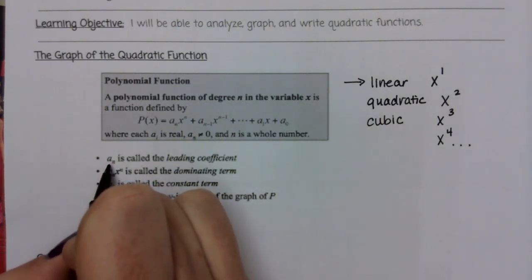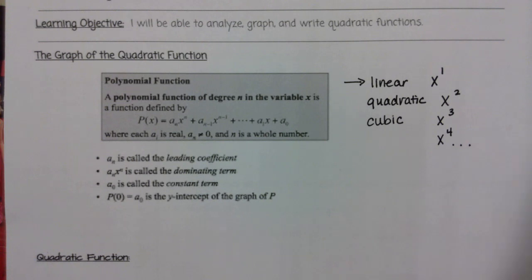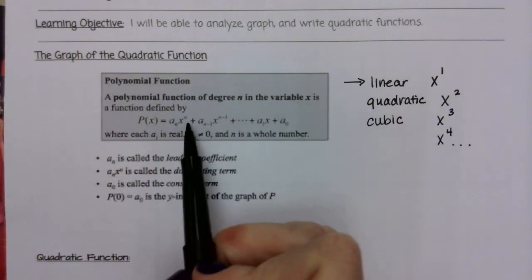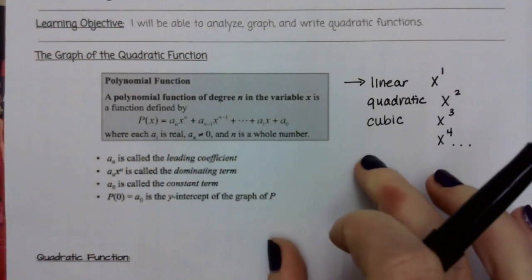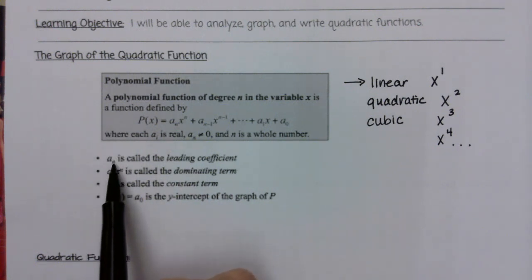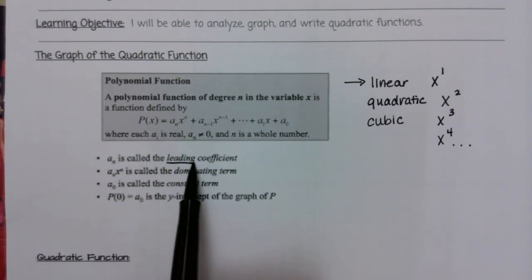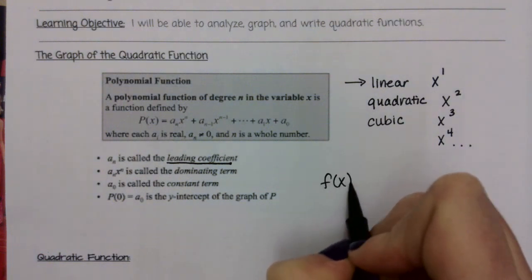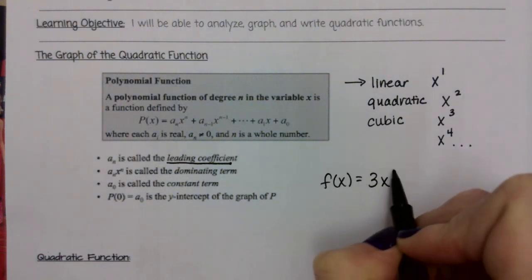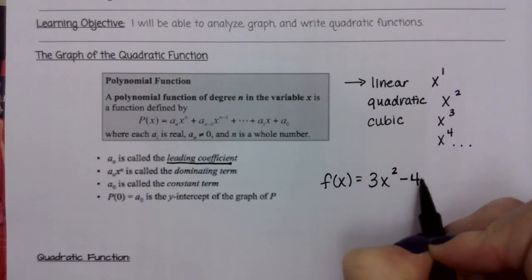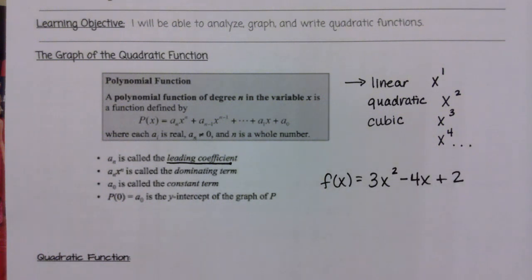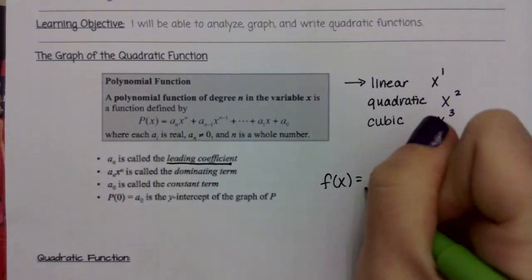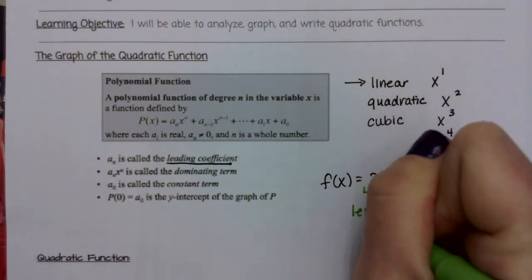The first thing is when we put it in standard form, meaning we go from the highest degree all the way down in numeric order. The first term, a sub n, is called the leading coefficient. For example, if I have f of x equals 3x squared minus 4x plus 2, the 3 would be what we call our leading coefficient.